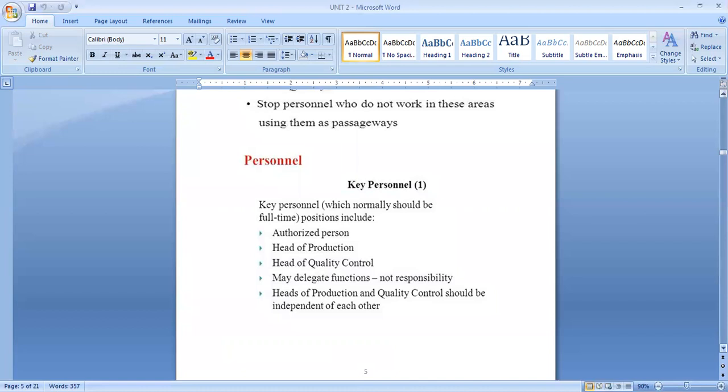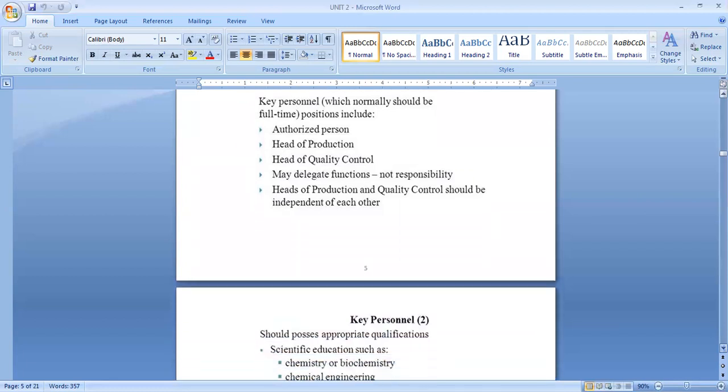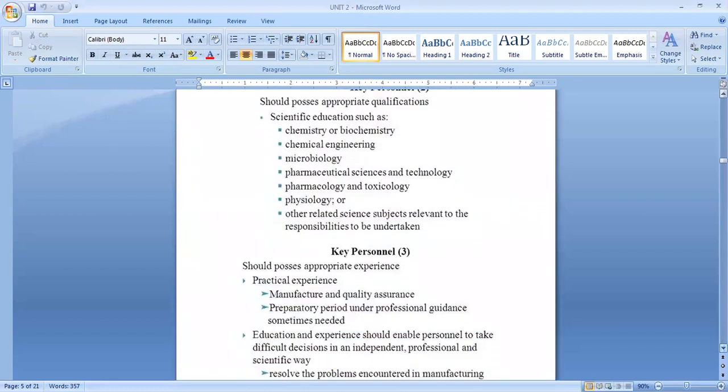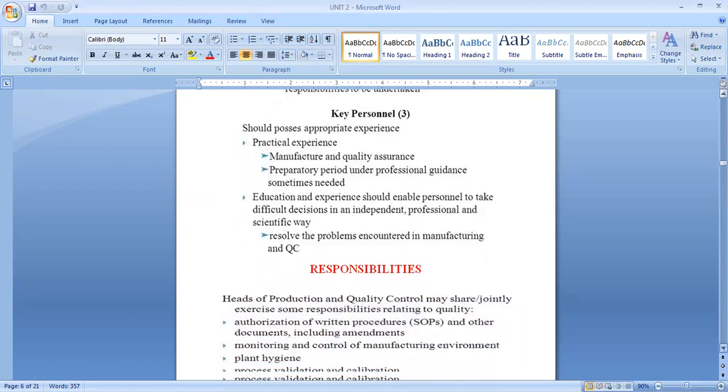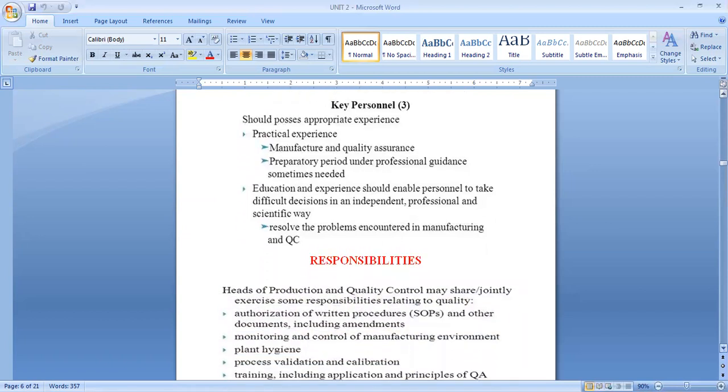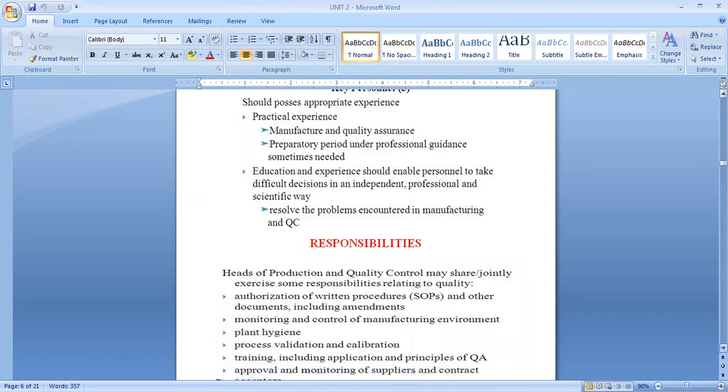Key personnel positions include authorized person, head of production, head of quality control, may delegate function, not responsibility. Heads of production and quality control should be independent of each other, should possess appropriate qualification, scientific education such as biology or biochemistry, chemical engineering, microbiology, pharmaceutical sciences and technology, pharmacology and toxicology, physiology, or other related science subjects relevant to the responsibilities to be undertaken, should possess appropriate experience, practical experience in manufacturing and quality assurance, preparatory period under professional guidance sometimes needed.